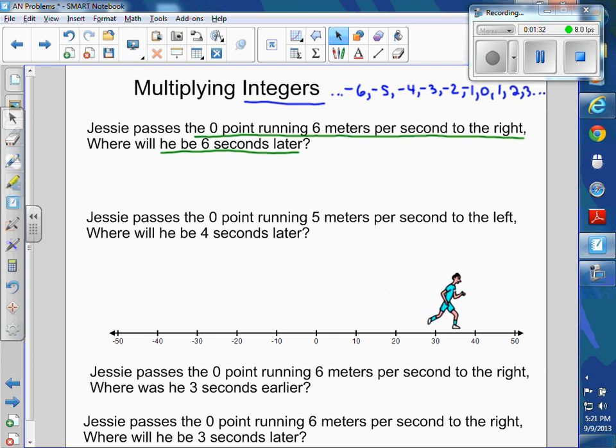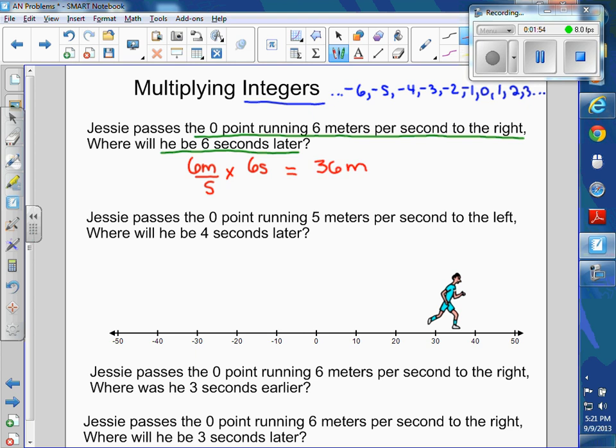So we talked about this in class. You would take his speed, 6 meters per second, and you would multiply that by the number of seconds, 6 seconds. S stands for seconds. And when you do that, you get 36 meters.